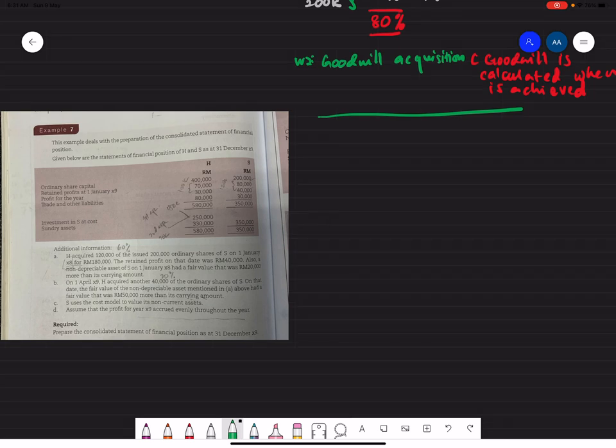As usual, you need to know how you are going to calculate the goodwill. S uses the cost model, value is current asset, so I assume this is partial goodwill.